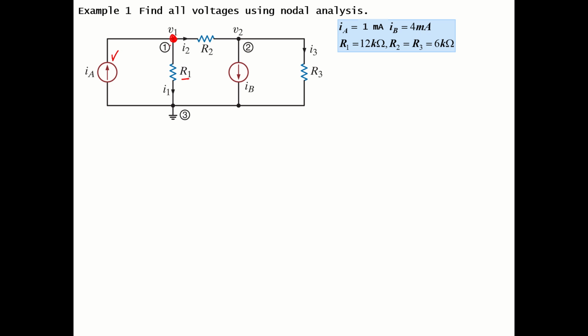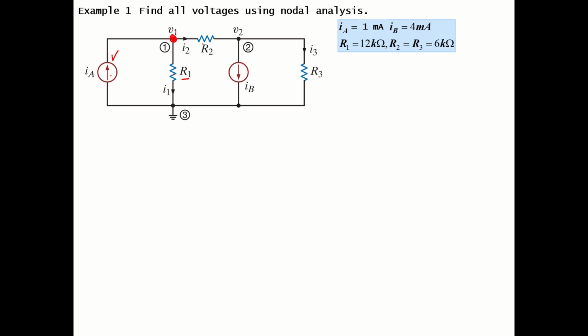For example, here at this node, we can see that 3 branches, this current source, this resistor R1 and this resistor R2, are connected. So we should identify the nodes and then label them. Within this circuit, this node is labeled as V1. We can label this as A, B, C, D, 1, 2, 3, whatever you like.